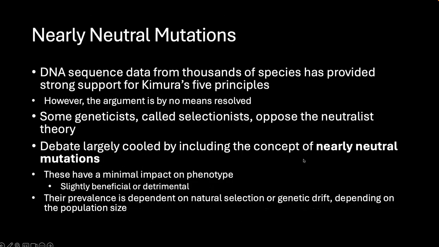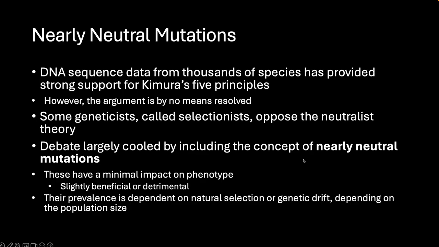Sequence data to date has supported Kimura's five principles, but the debate is, of course, not yet resolved, and scientists are still working out some of the details on these principles. One discovery that has cooled the debate is the concept of nearly neutral mutations.